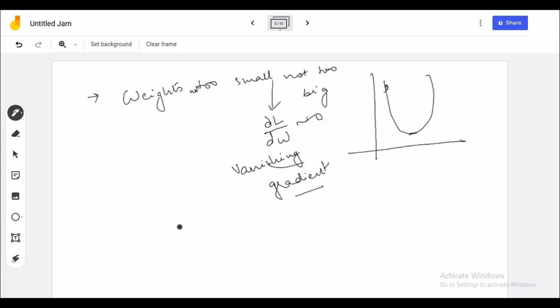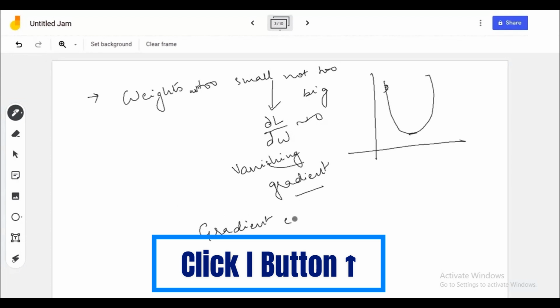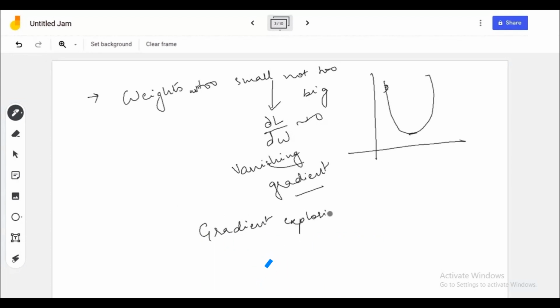The other thing: what happens when the weights are too big? We come across the problem of gradient explosion, or exploding gradient, just the opposite of vanishing gradient. In this scenario, the differentiation becomes very, very large.